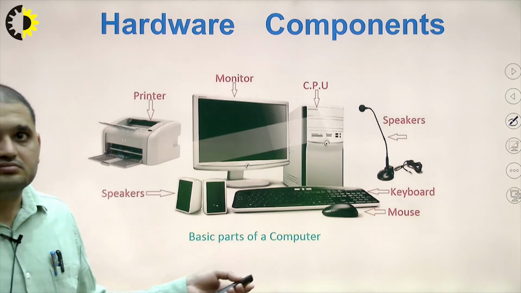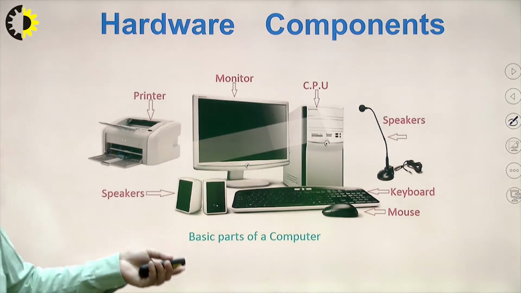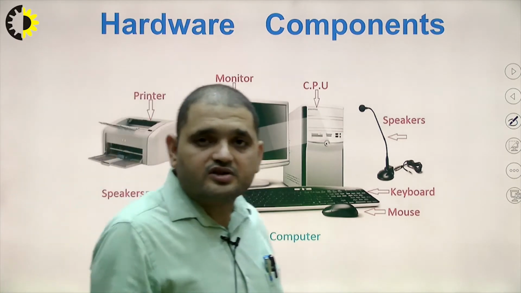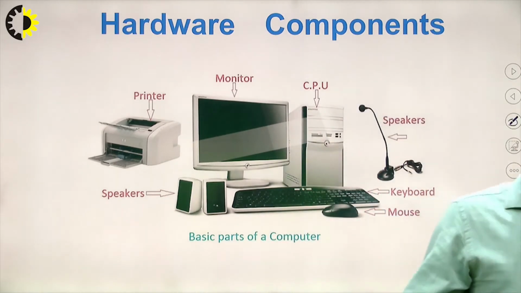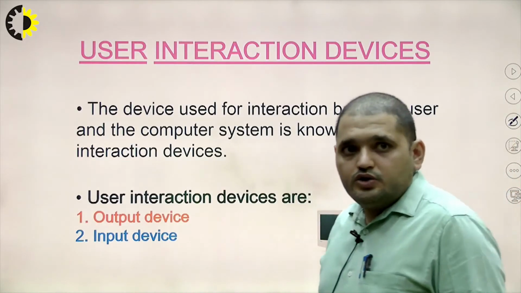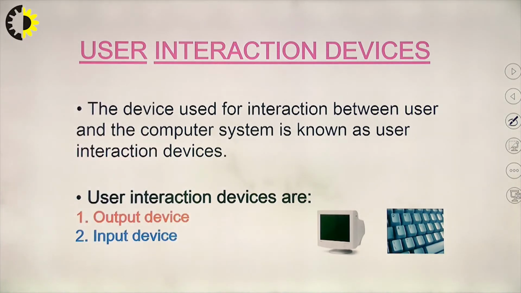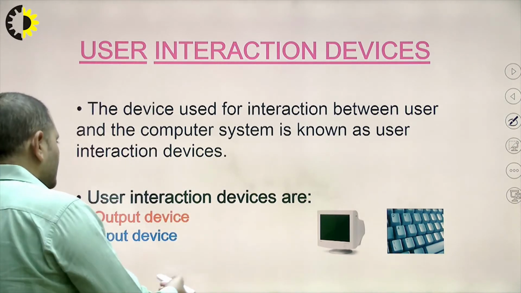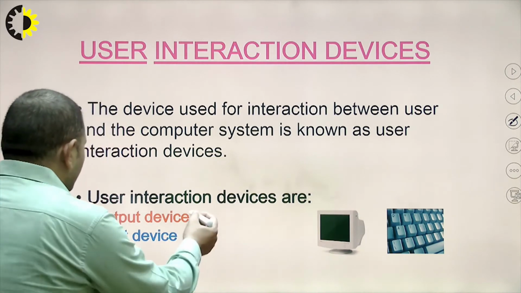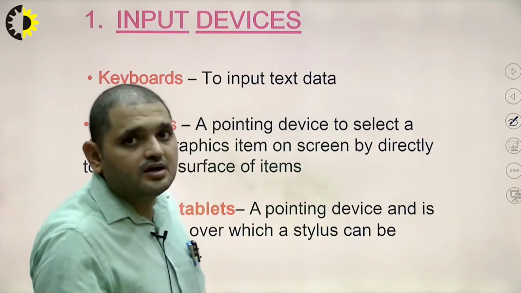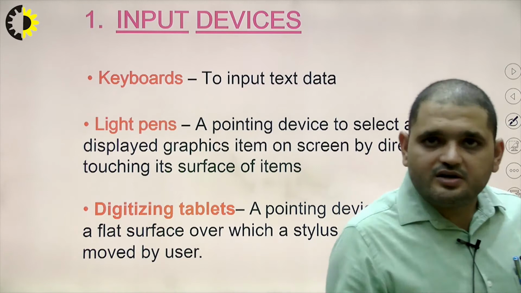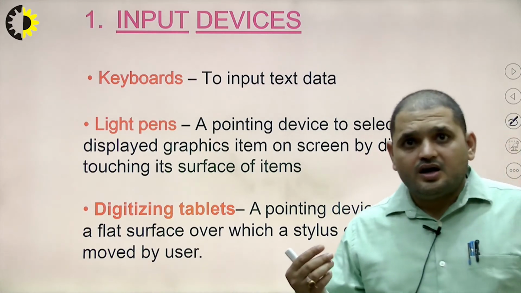Now you can recognize all these parts of a computer, very common. Now user interface devices. The device used for interaction between user and the computer system is known as a user interface device. For example, output device and input device, two types. Input devices: keyboard, light pens, a pointing device.